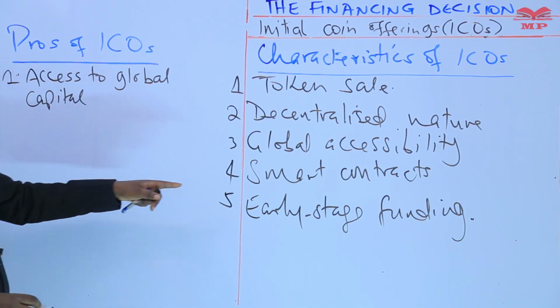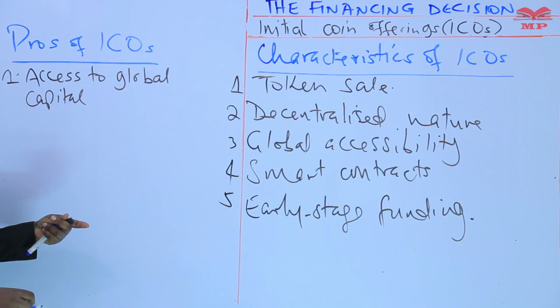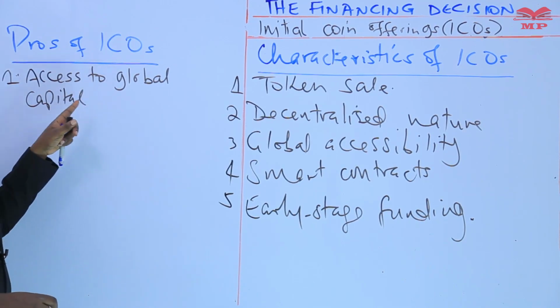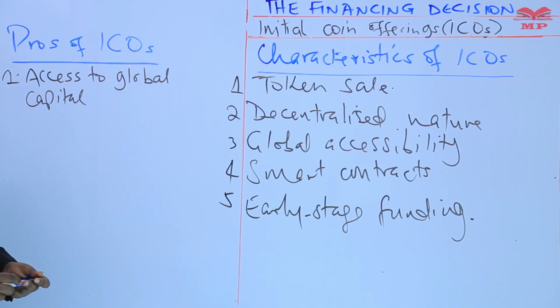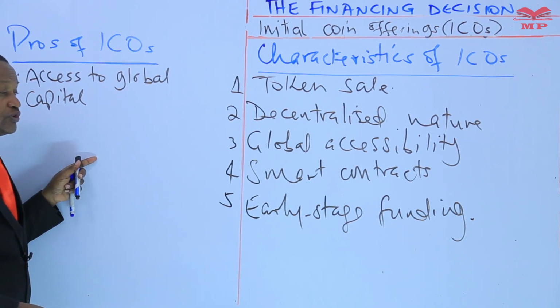We saw here that it has global accessibility, and therefore ICOs have access to global capital. They provide access to a global pool of potential investors, allowing projects to raise funds from a diverse and decentralized network.